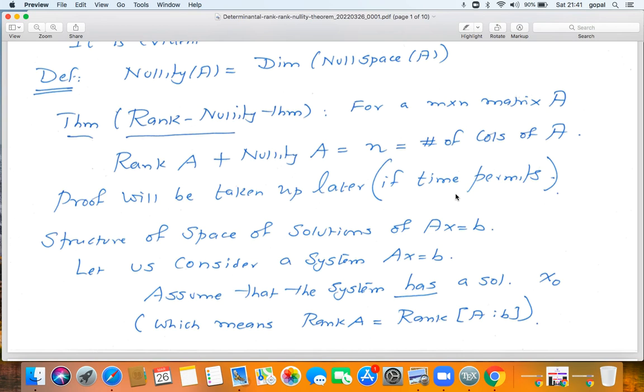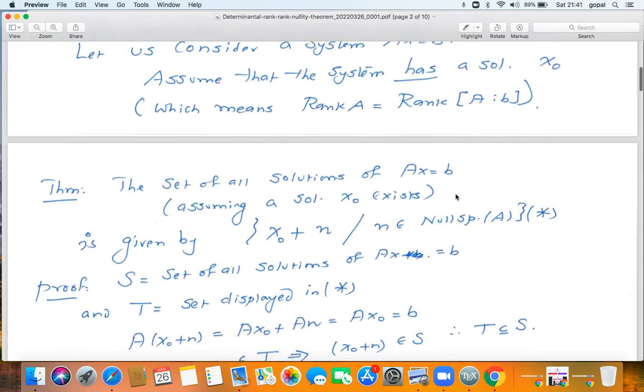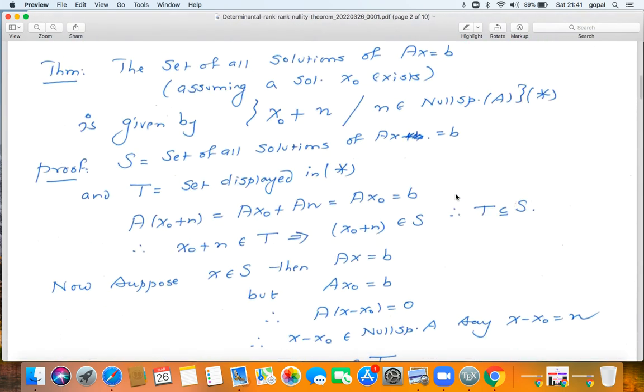So assume the more interesting case where the system has a solution x0. I want to know what are all the solutions. The system having a solution basically means that by the Kronecker-Capelli theorem, the rank of A is the same as the rank of A augmented with B.